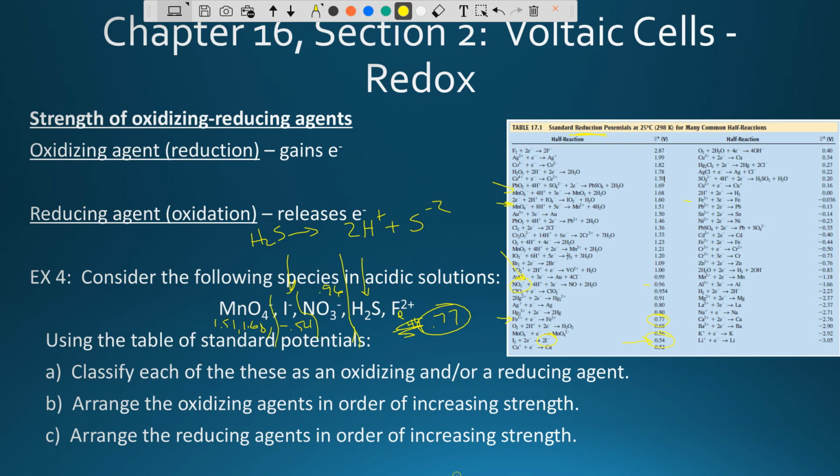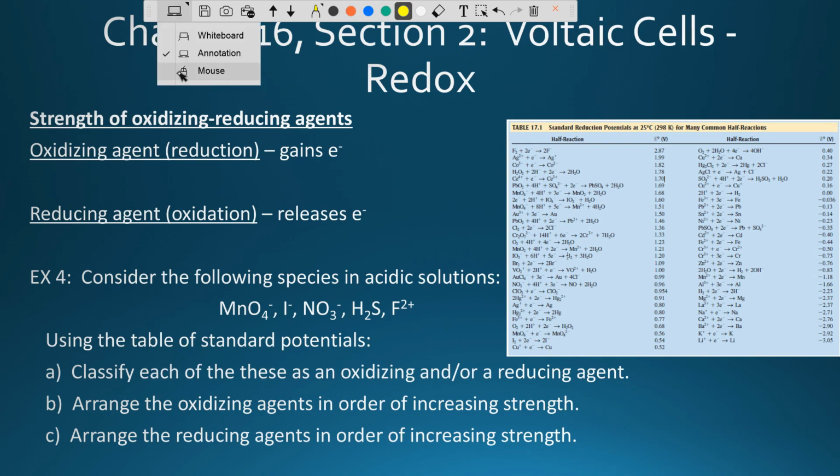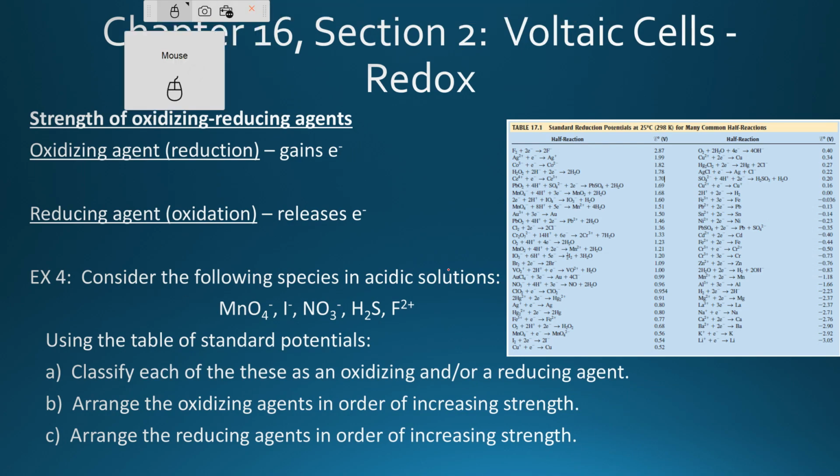That is a 0.77, and that iron gets oxidized. It's a reducing agent. And so you just watch those things along the way. I look at the reducing agents, I look at the oxidizing agents, and so on. So it's pretty straightforward as I pull those things apart. Using your table, you'll have those as your reference.